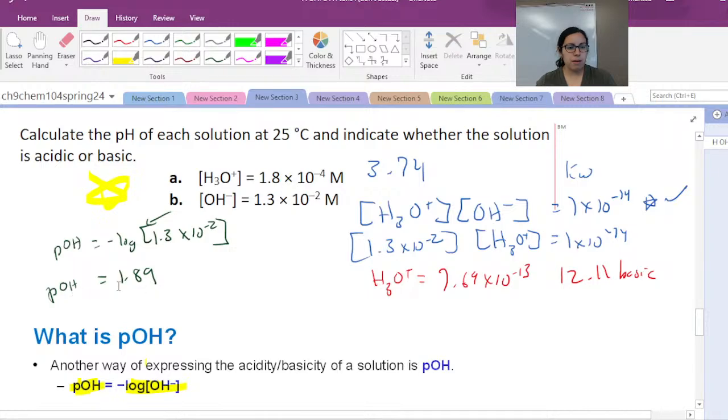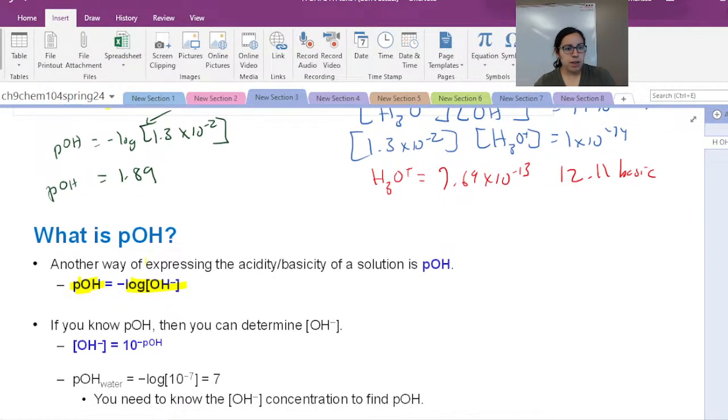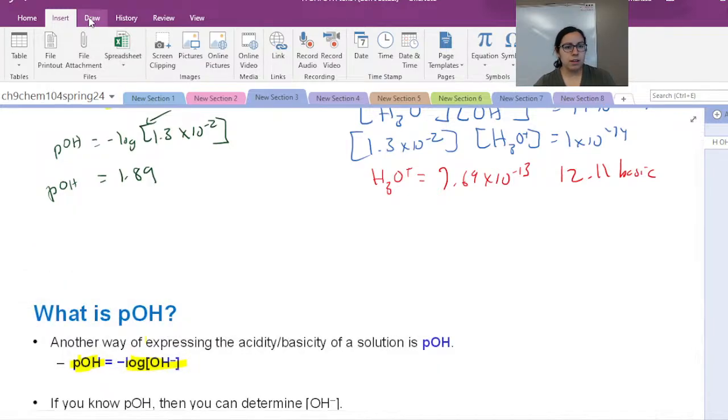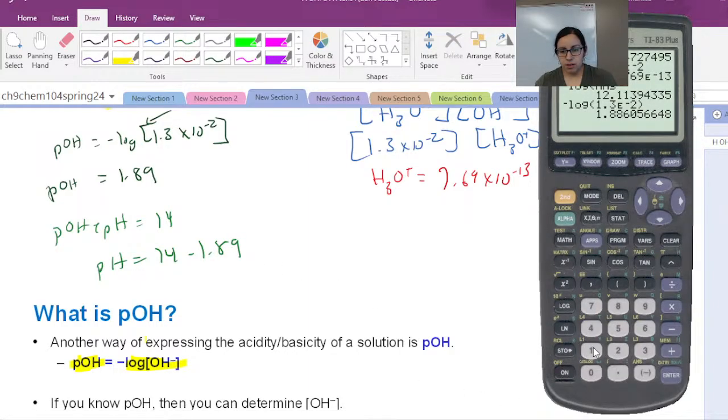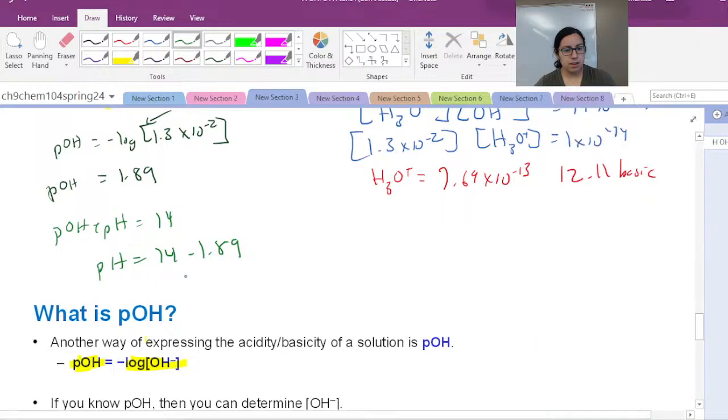So then we can go back to this problem. My pOH was 1.89, and if we wanted pH, now we can use our new relationship. pOH plus pH is equal to 14, so pH is equal to 14 minus 1.89, which should give us 12.11, and indeed it does.